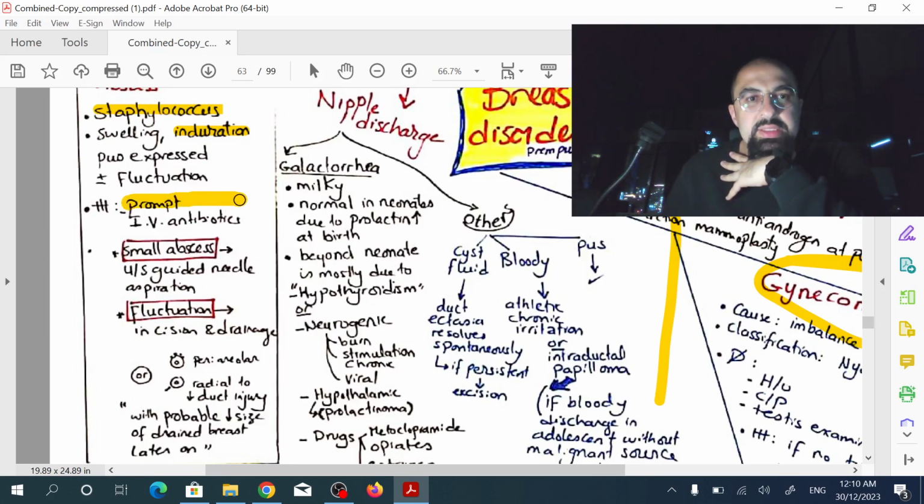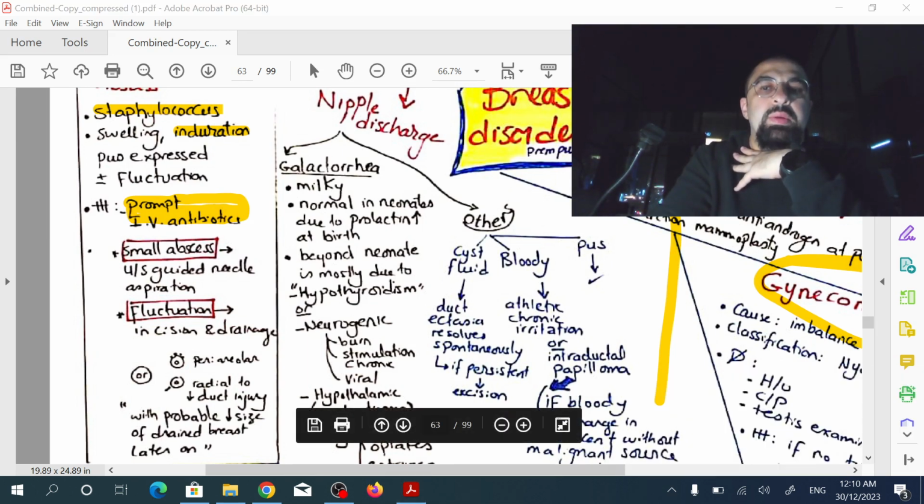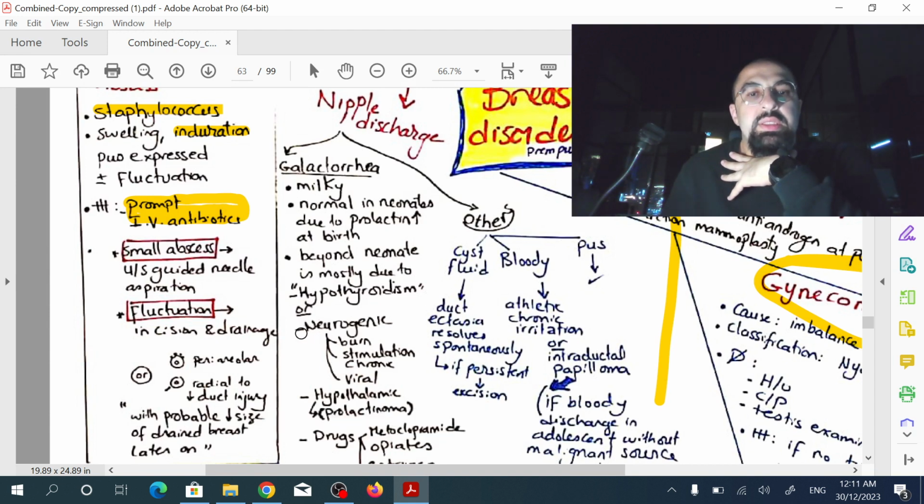In our practice, we usually skip the IV antibiotics and start oral antibiotics. But you should be aggressive with such a condition because it may affect the breast size later in adolescence or adulthood.